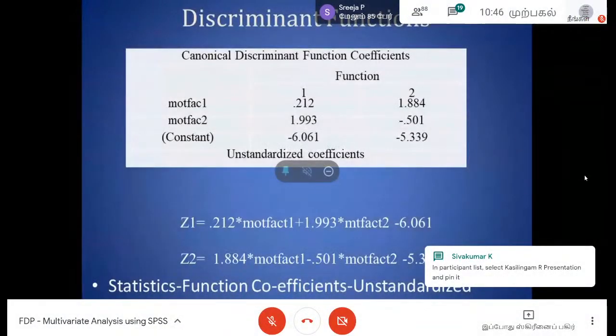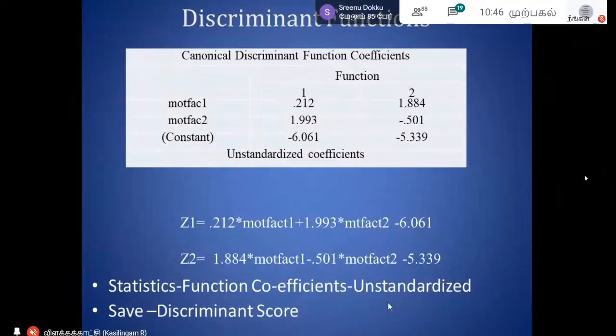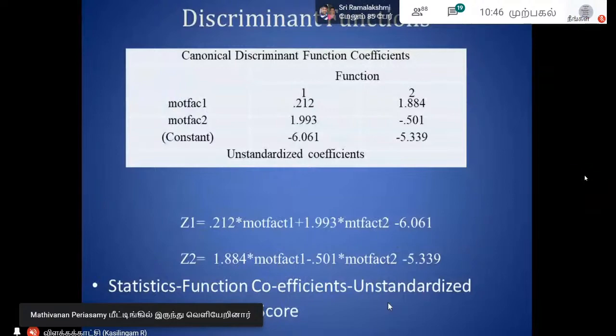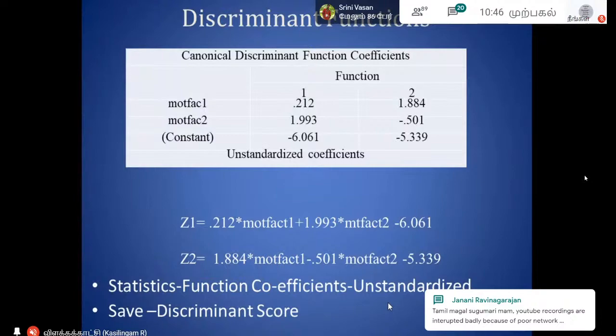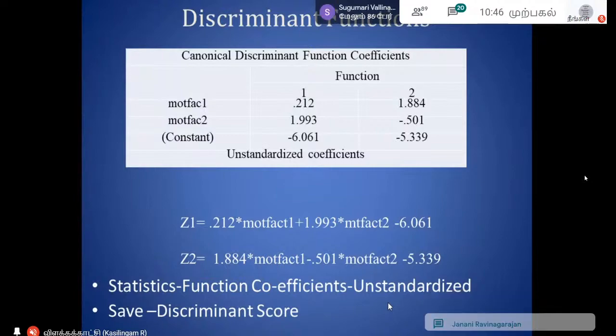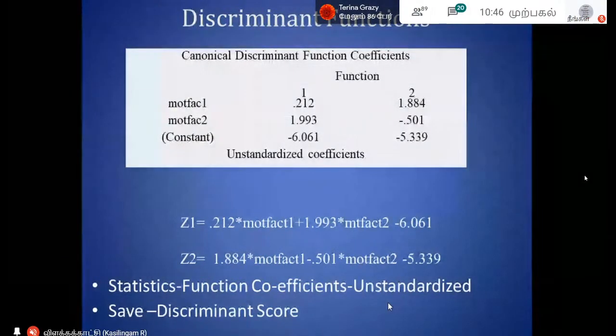Since our category variable, the dependent variable, has 3 categories, I will get n minus 1 functions. Since it is 3, 3 minus 1 is 2, which means I will get 2 discriminant functions.